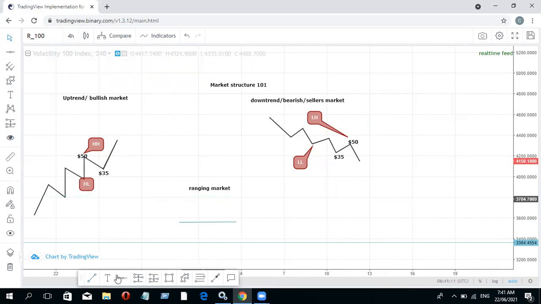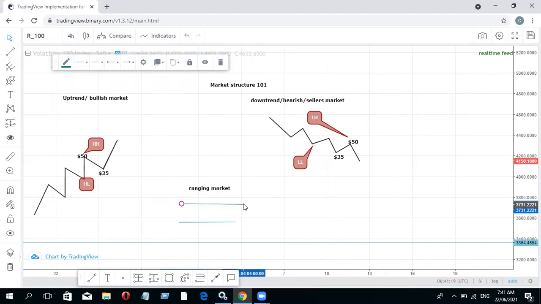So you see the market doing something like this.